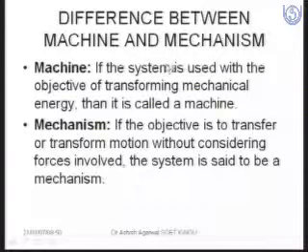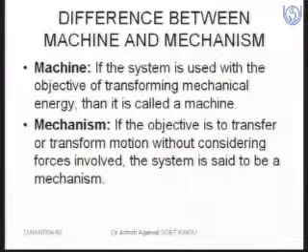Now you have studied the different types of pairs, and the different types of mechanisms, just like a 4-bar mechanism. Then a question comes to your mind: what is the difference between a machine and a mechanism?